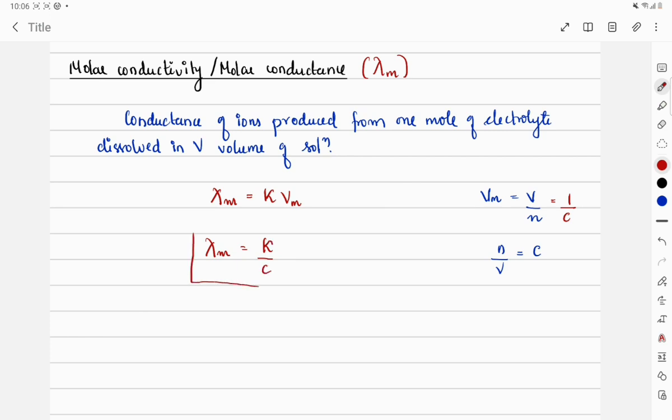This is the equation you will be using more often. Molar conductivity is equal to conductivity divided by concentration.